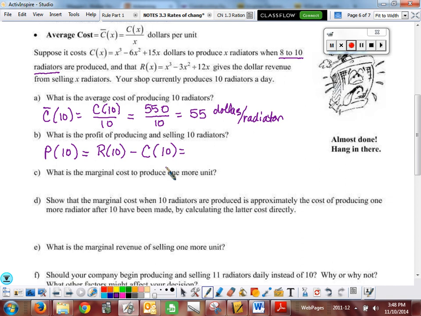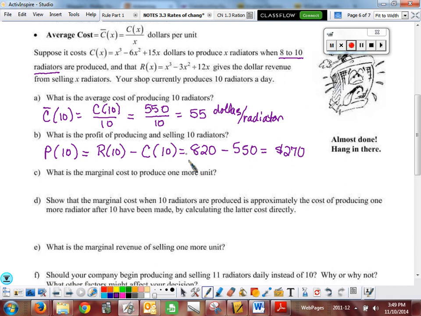Again, that's simply a plug and chug problem. We get 820 as the revenue we take in, and $550 is how much it's costing us. So we're going to make a profit of $270 for those 10 radiators.